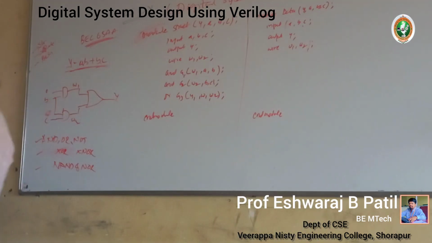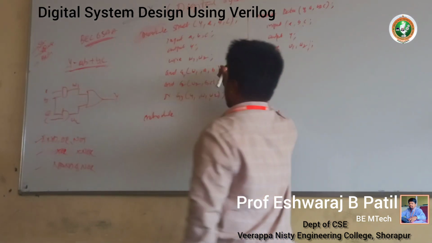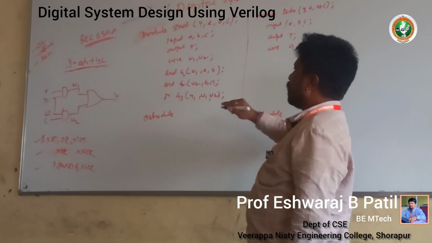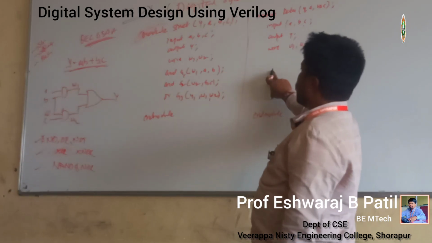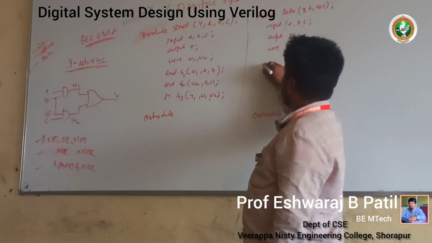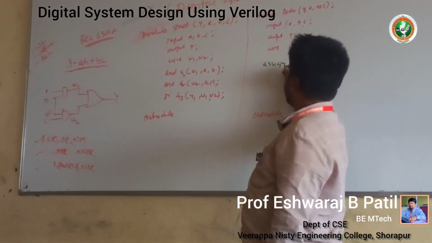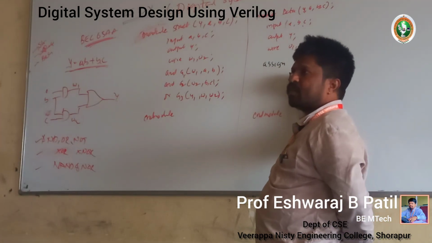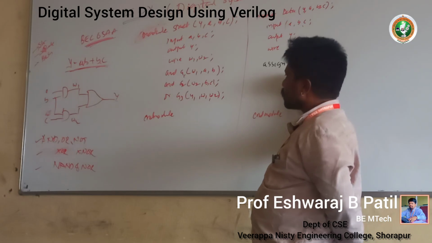Here we are writing the same logic, but in different ways. The same output should be obtained while expressing the logic design differently. For the data flow model, we will use the keyword assign.